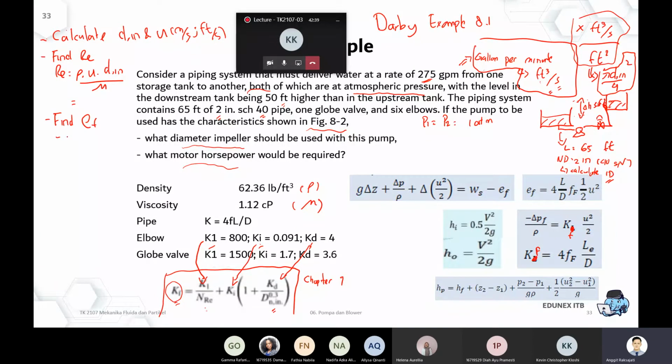To calculate the KF, you need to calculate the friction factor as a function of Reynolds, from the Moody chart or the Fanning chart, because before you go into the energy equation, you have to finish the friction calculation first.